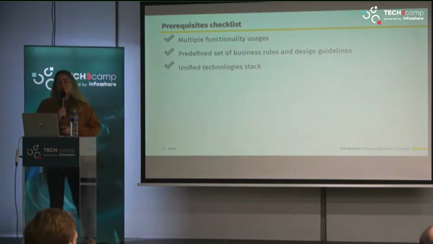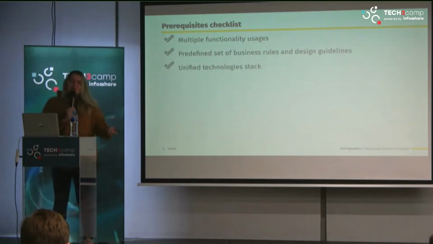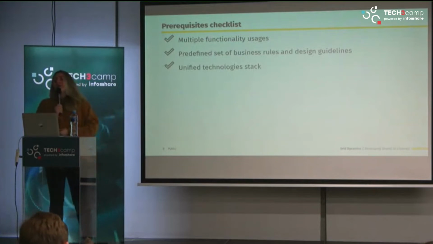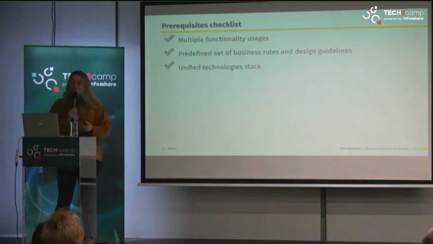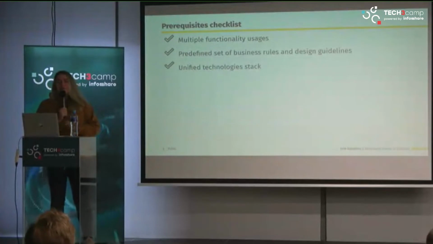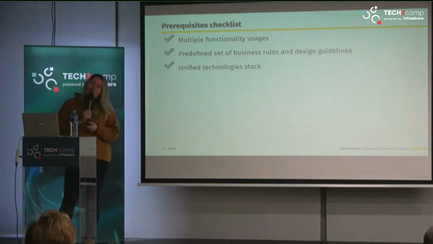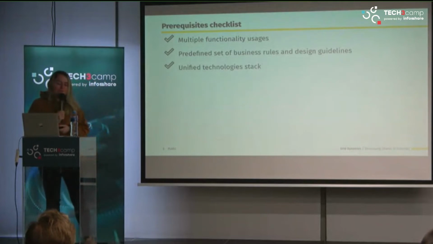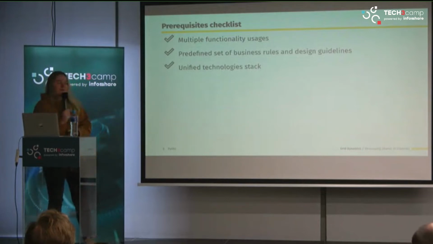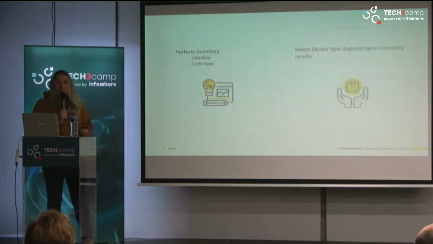Pretty much if there are multiple functionality usages, like having different sorts of buttons or some repeated code or whatever, if your project has a predefined set of business rules and design guidelines, UX guidelines, and if you're using a unified technology stack. It's not always a requirement for introducing a shared library, but in most cases, you should have some unified stack.